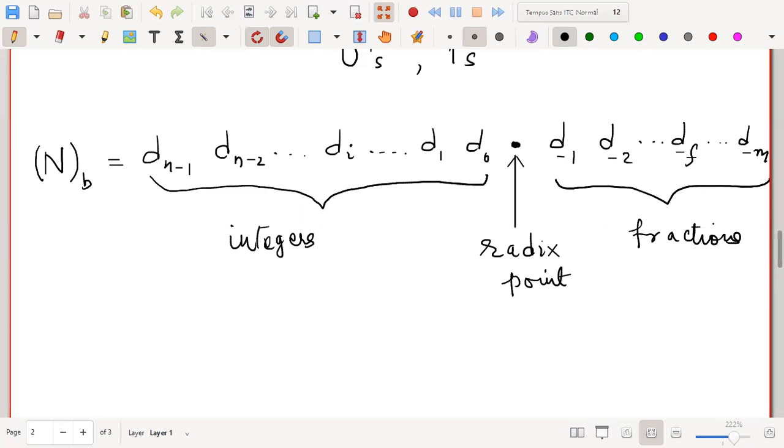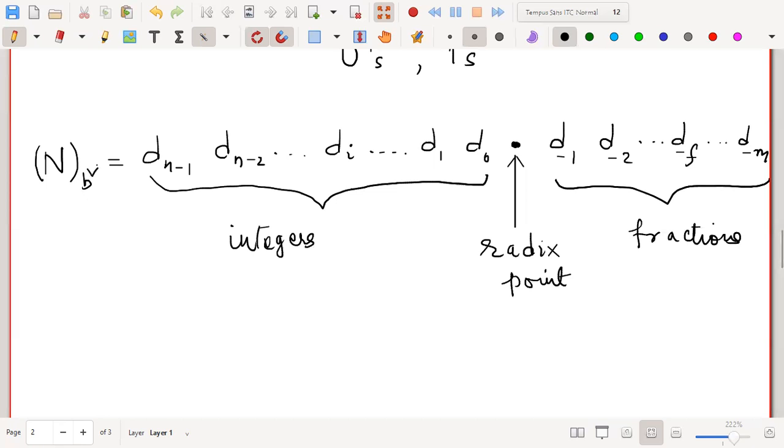All right. So these are the basic information about the number system. Here let me try to tell you the significance of each term, what each term represents. The first one here, this N, is the number, whatever number we are writing, capital N. And the B here represents the base.